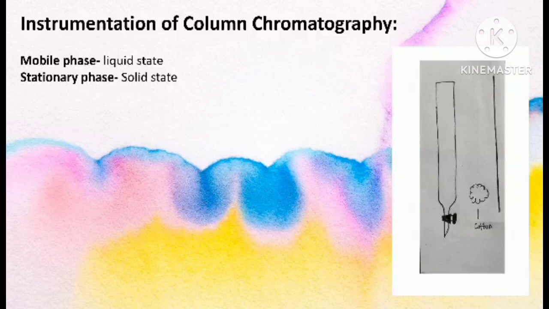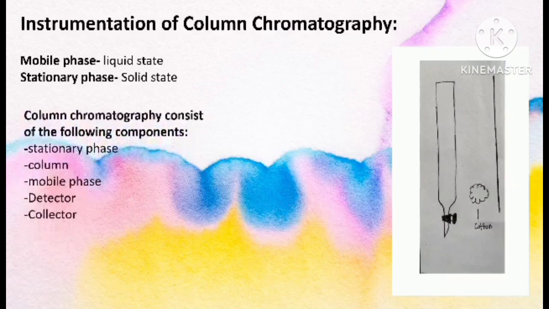The two main things in instrumentation of column chromatography: the mobile phase is in the liquid state, and the stationary phase is in the solid state. Column chromatography consists of the following components: stationary phase, the column, the mobile phase, the detector, and the collector.